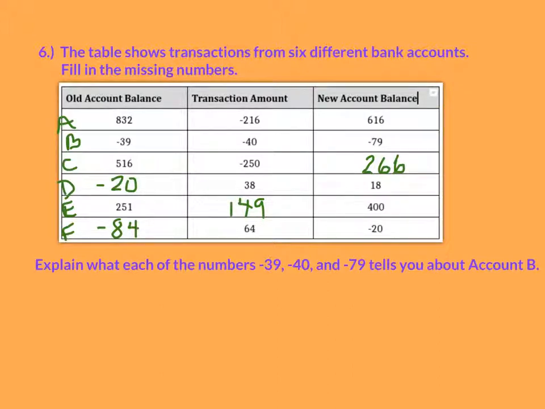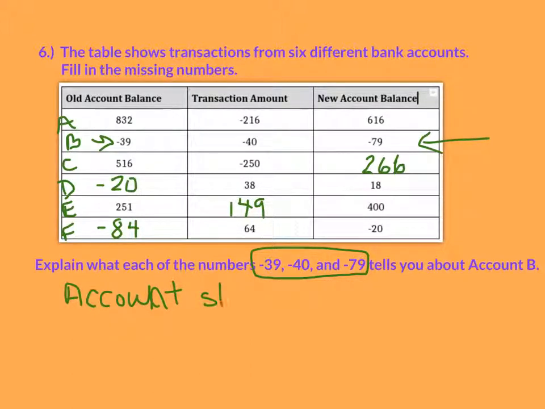Okay, so now we need to explain what the numbers negative 39, negative 40, and negative 79 tell us about account B. So basically they're asking us what happens. We'd say, when the account balance started, it's at negative 39. So the account starts less than 0, at negative 39.